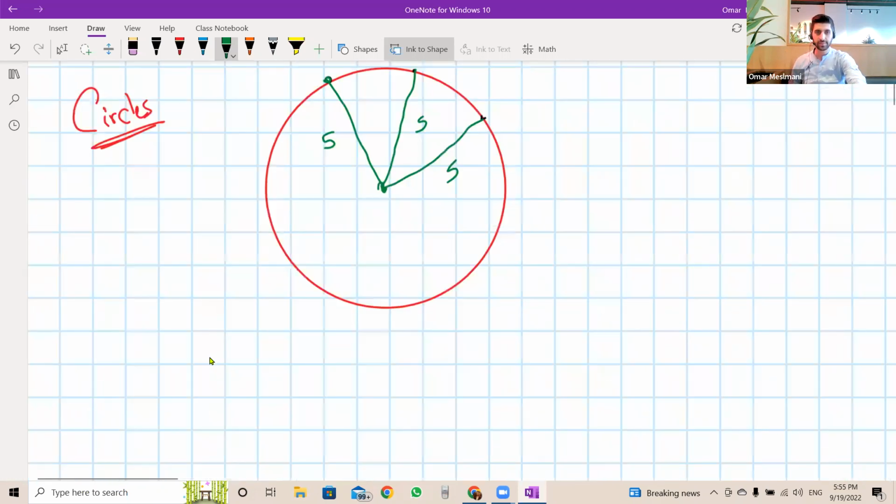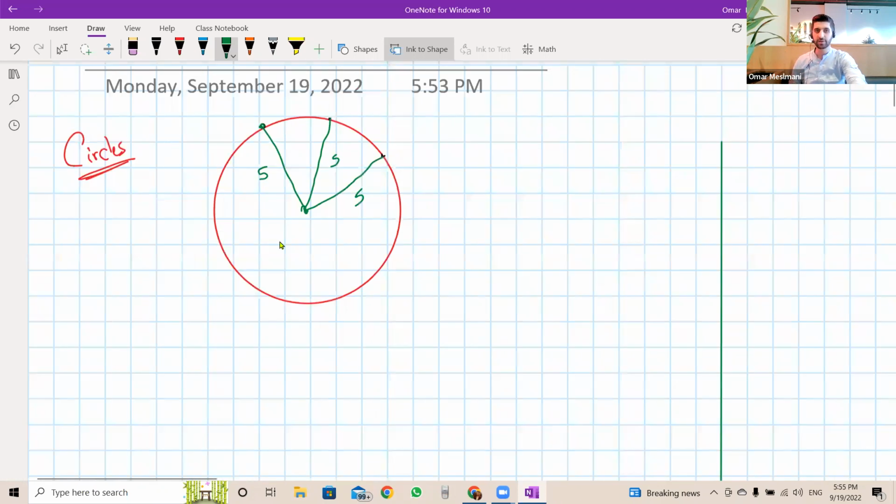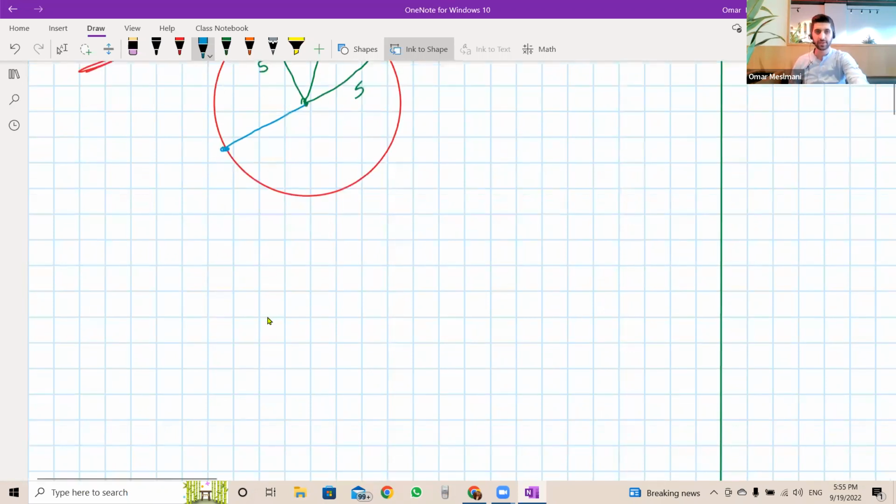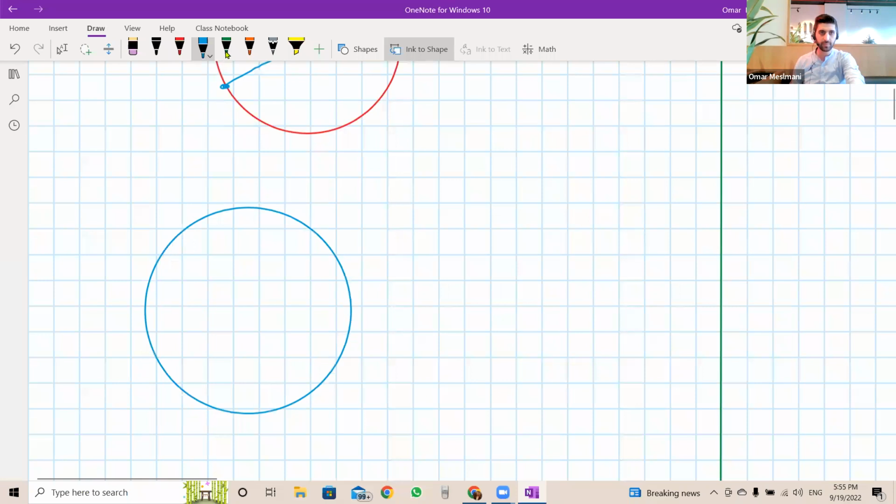So the circle concept is a closed shape where the distance from any point to the center is going to be the same. And this distance, what do we call it? We call it a radius. One more time, if you have a circle, what do we call this point?